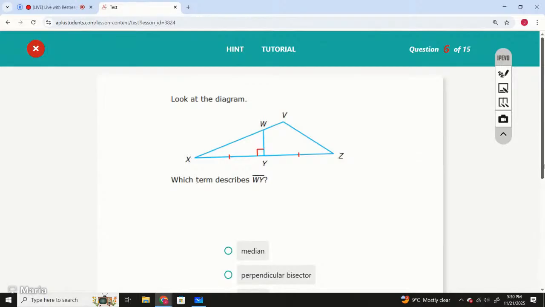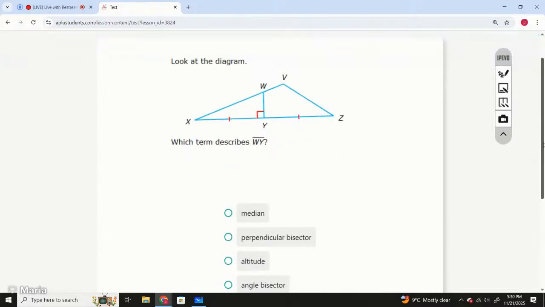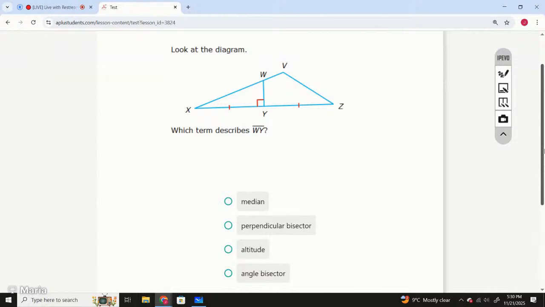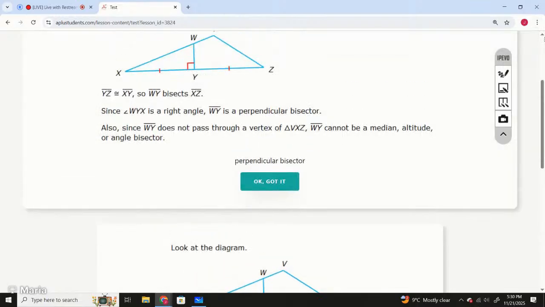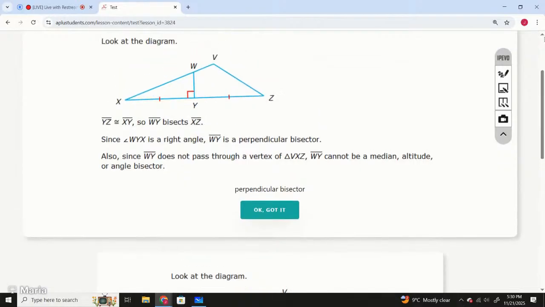Okay, look at the diagram. WX, XY is the same as YZ. So what is WY? WY is the altitude. The correct option is... YZ and XY are equal. So WY bisects XZ, right? So WYX is a right triangle. So WY is a perpendicular bisector.